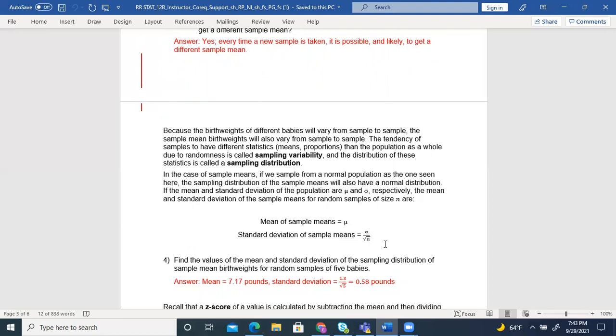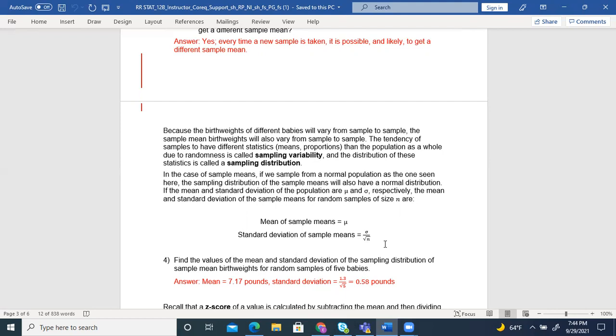So you may have a sampling distribution of sample means, because every time you take a sample of the same size, you get a different mean. In our case, if we sample from a normal population like the one seen here, the sampling distribution of the sample means will also have a normal distribution.